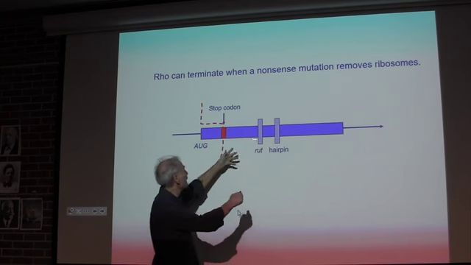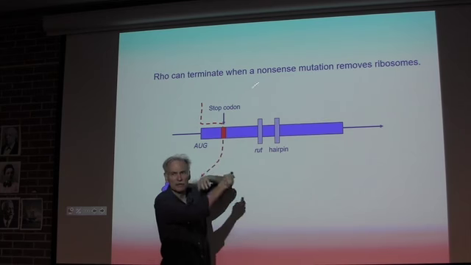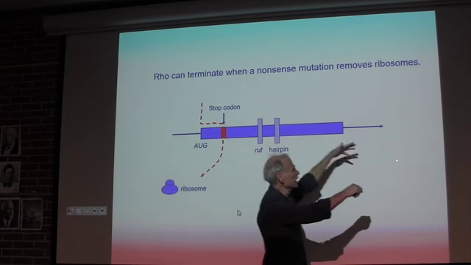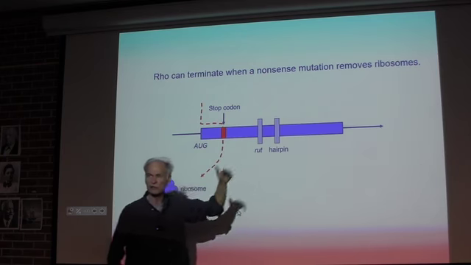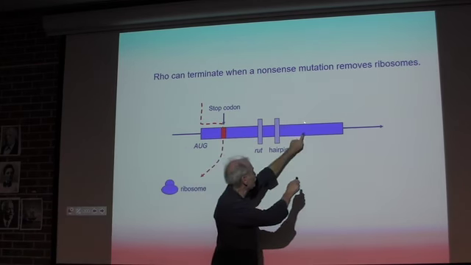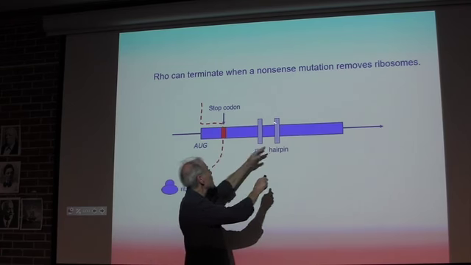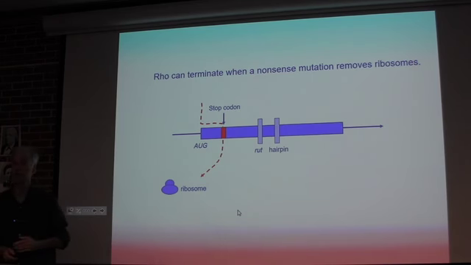If I had a stop codon right here, this coding region would be no good, but the ones that came after would be perfectly fine in terms of transcription. You would not stop transcription. If the stop codon was put after the rut site, again, the ribosomes would continue to go over rut, so the Rho-dependent termination mechanism would never kick in.